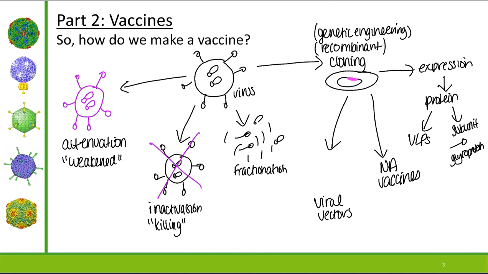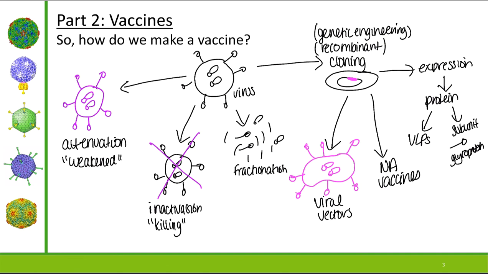What a viral vector is, instead of using the virus that we are trying to vaccinate against as a vector, we use a different virus. And so perhaps we're going to clone part of the genes into the viral vector and use that to administer the vaccine. So we're going to talk about each of these different ways to make vaccines.